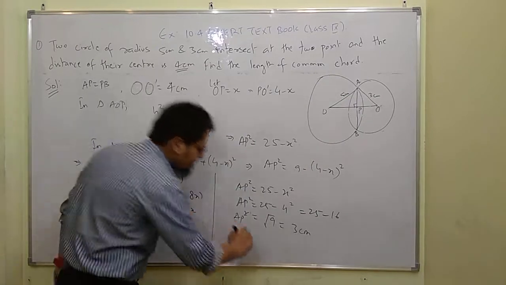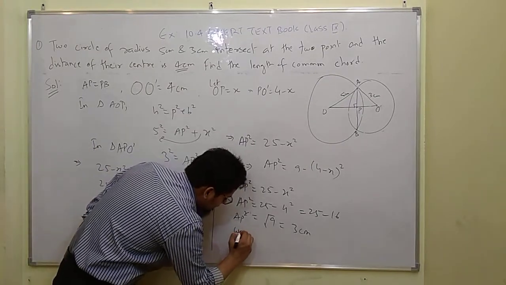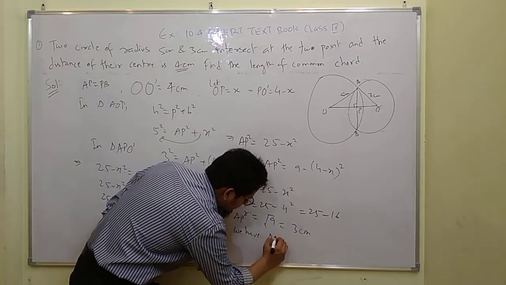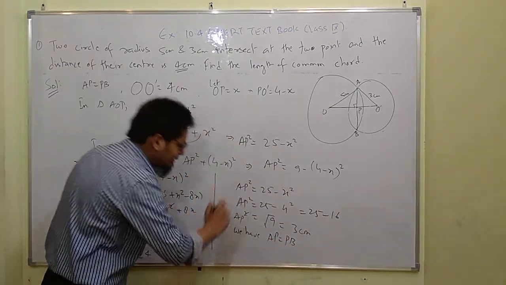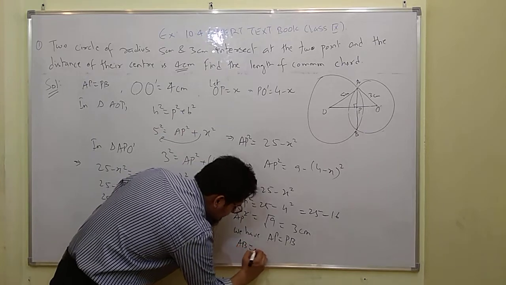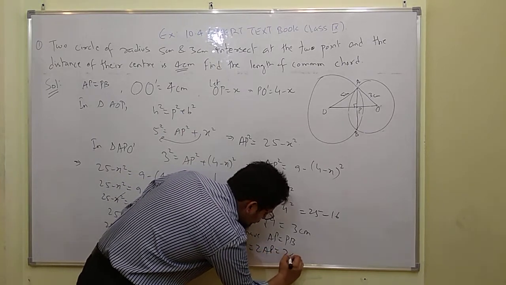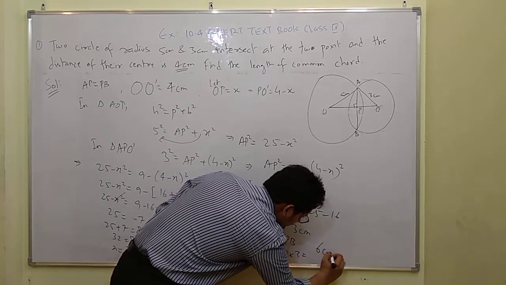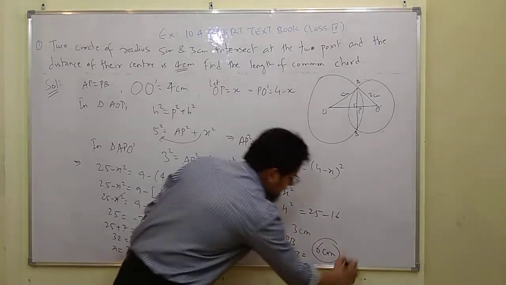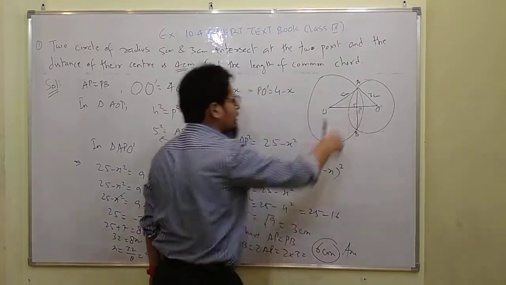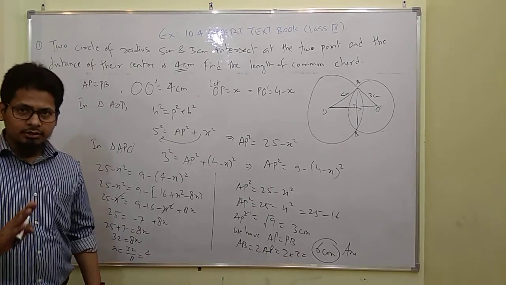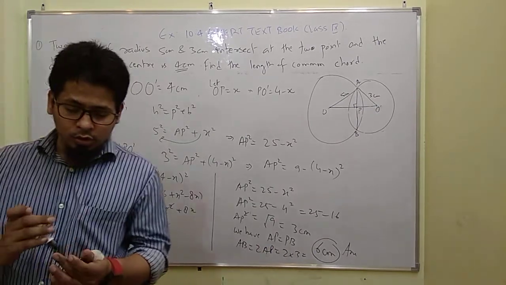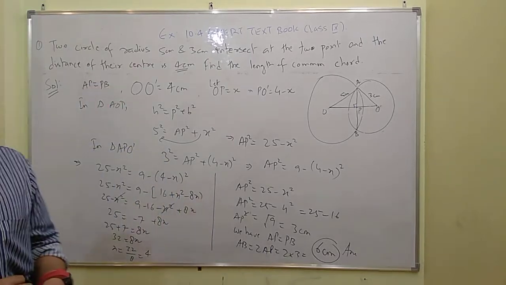So now we have AP is equal to PB, then AB is 2 times AP, means 2 into 3, that is 6 centimeter. This is our required answer, the final answer. So the common chord is equal to 6 centimeter, right? I hope you understand the whole problem. And whatever I am explaining in the video, you also copy down in your notebook, okay?